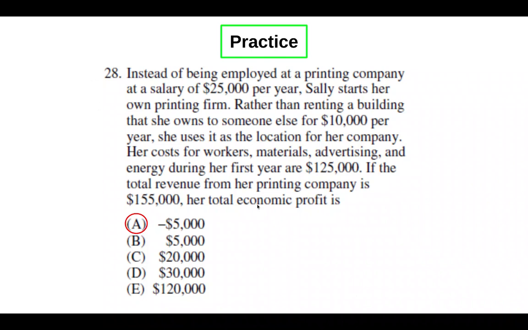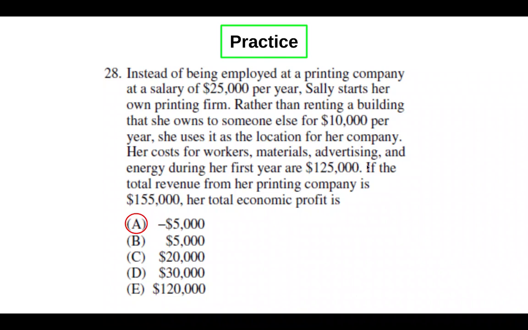And because we're looking for economic profit, we're going to subtract out all of her costs, both explicit, which in this case would be the $125,000 for her workers, materials, etc., and also the implicit cost of the 10,000 because that's what she could be doing instead, and the salary she gives up by being employed.